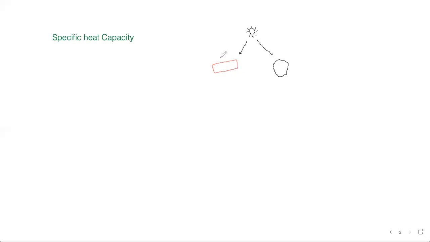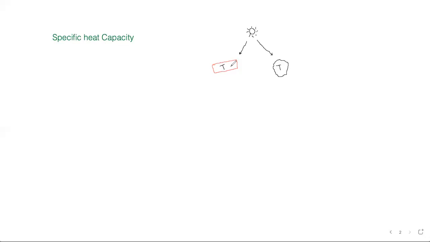After a while you check the temperature of the metal and the temperature of the rock. What do you think, which material will have the higher temperature? The metal. Why will the metal have the higher temperature?